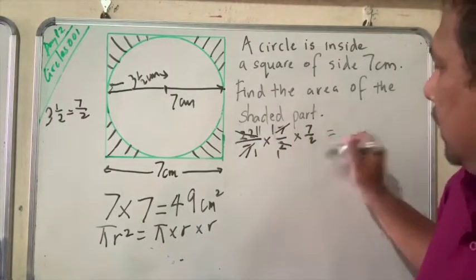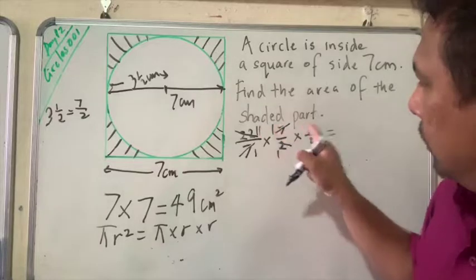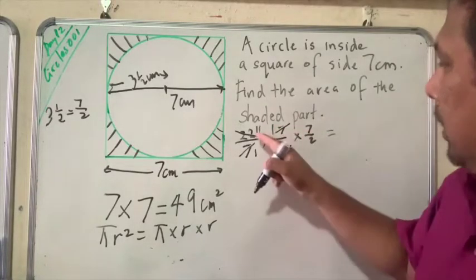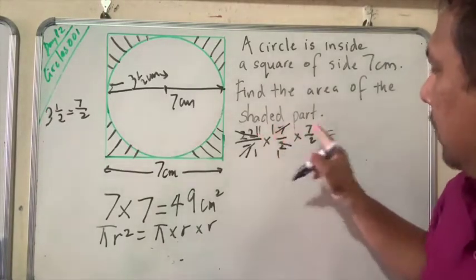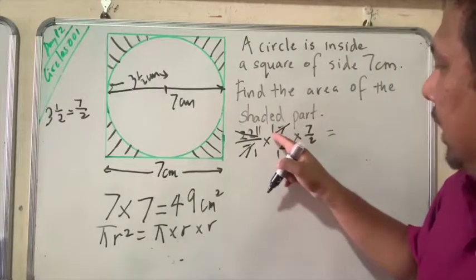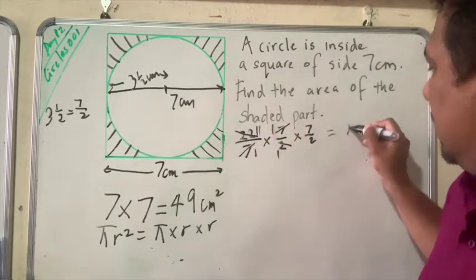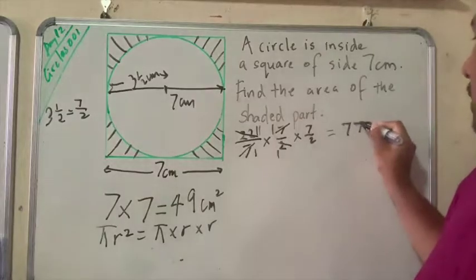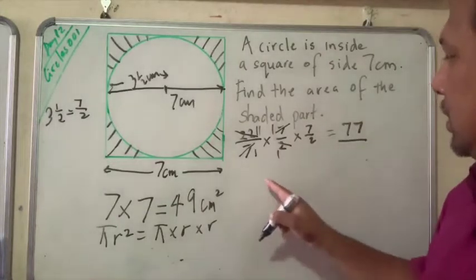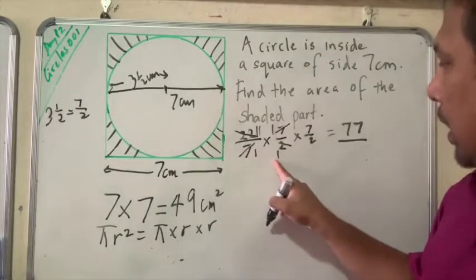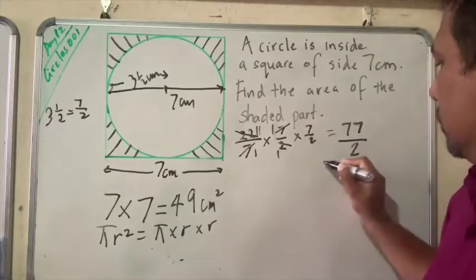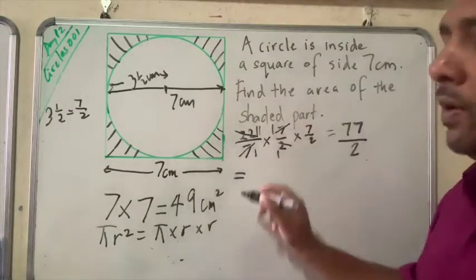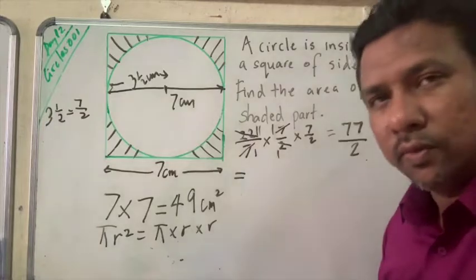Now what do you do next? Take the top numbers, multiply them: 11 by 1 by 7. 11 times 1 is 11. 11 times 7 is 77. And 1 times 1 is 1 times 2 is 2. So it's 77 over 2. And what is 77 over 2?